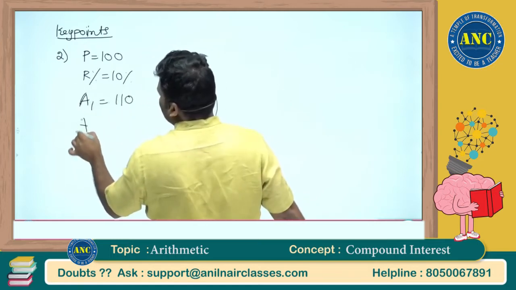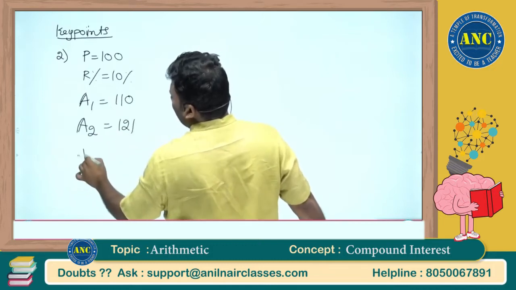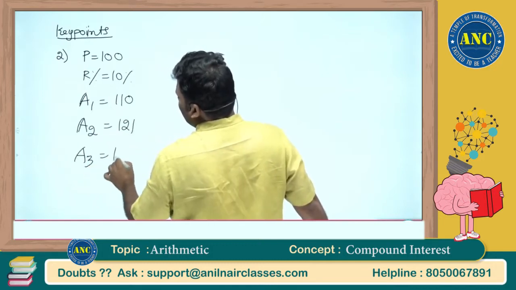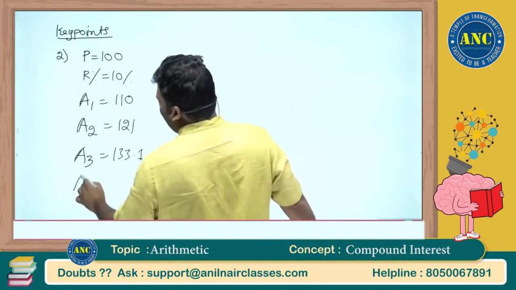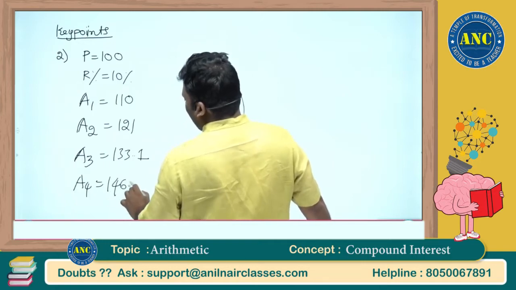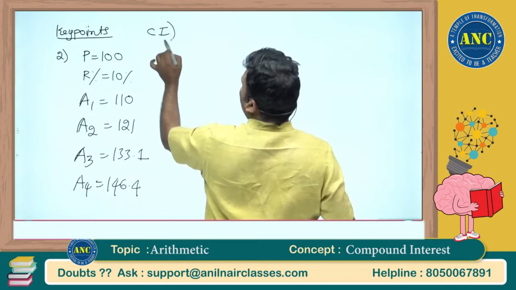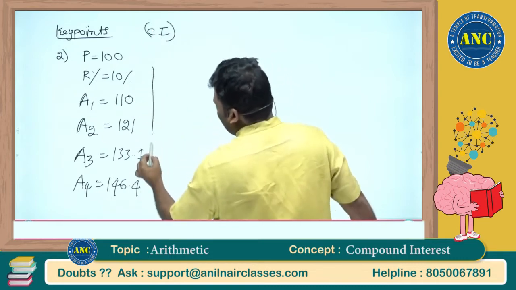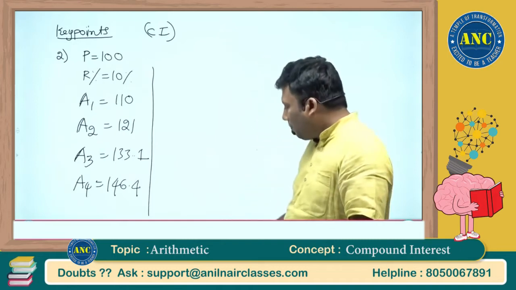Amount after second year is 121. Amount after third year is 133.1. Amount after fourth year is 146.41. We are doing this under compound interest.